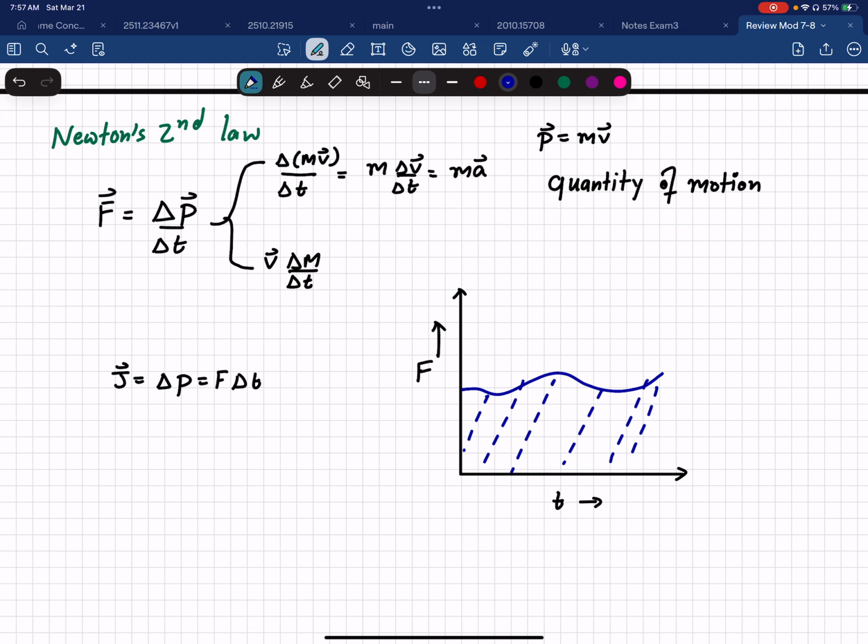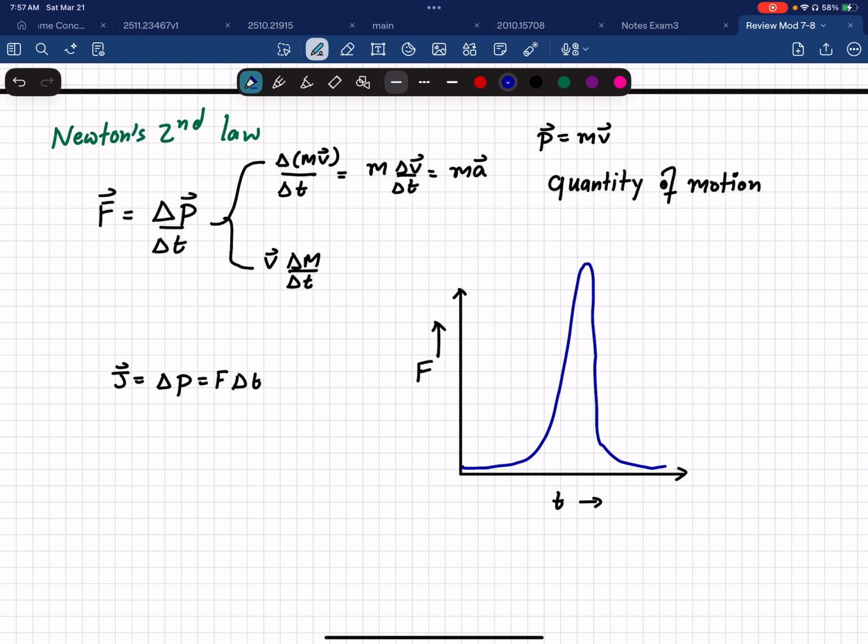Either you're stopping it instantly by a stiff hand, giving an immense force for a very short time, or you are smearing out the force over a longer time and then stopping it.